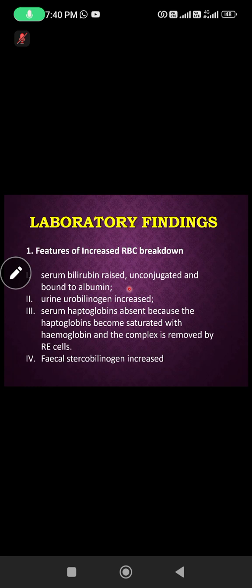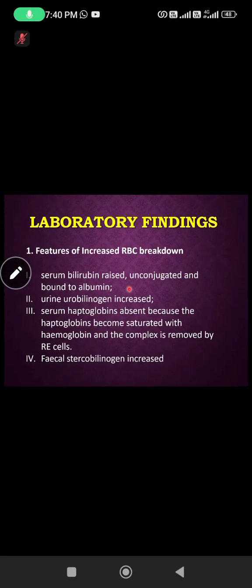And thirdly, haptoglobin, serum haptoglobin level. We have to measure the serum haptoglobin level also, and it indicates the haptoglobin saturation, and no free haptoglobin in the plasma or the serum. So it's a really good indicator of intravascular hemolysis.